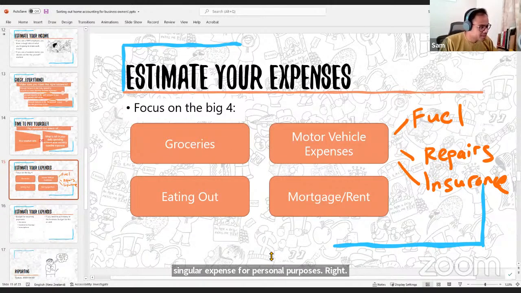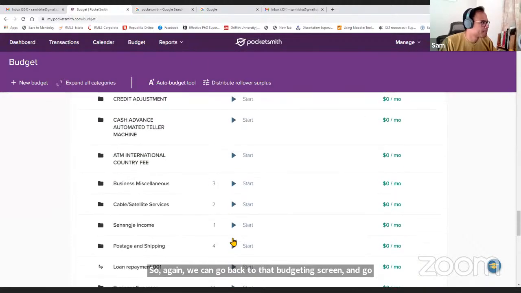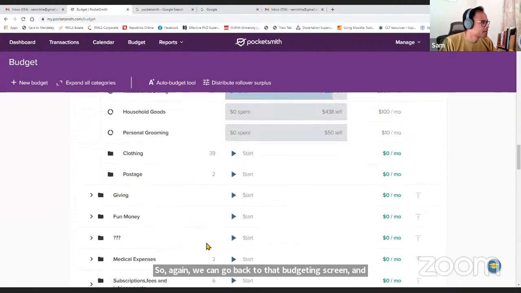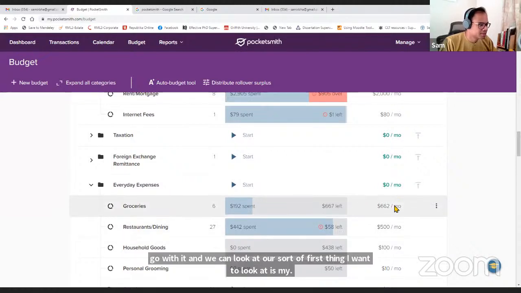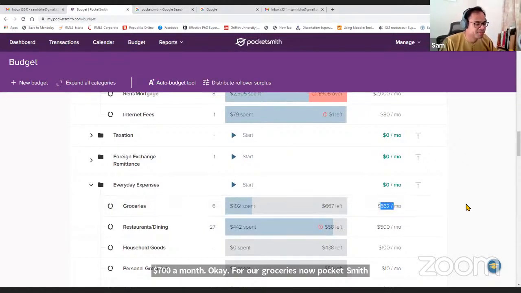So again, we can go back to that budgeting screen, and the first thing I want to look at is my groceries. All right, so in our household, we've budgeted about $700 a month for our groceries. Now, PocketSmith is quite smart. It'll even show you what your average spend per month is.